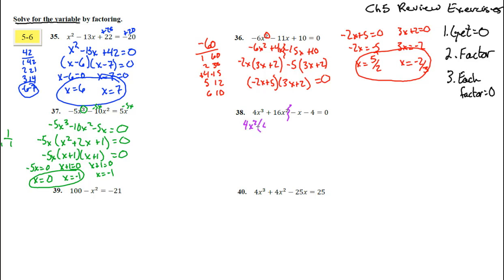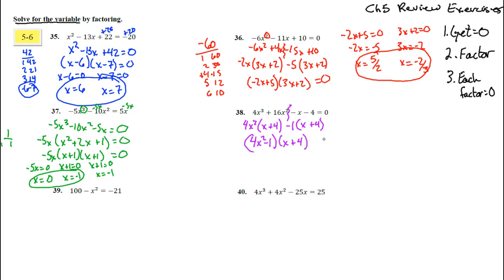We get x plus 4. And out of this back one, we can pull a negative 1, and we get x plus 4. That's good. Pull out that x plus 4, and we get 4x squared minus 1, times x plus 4.